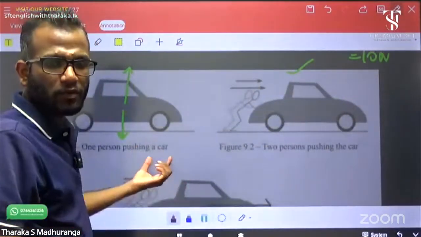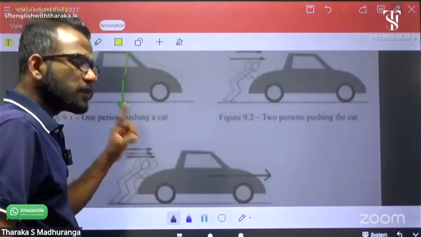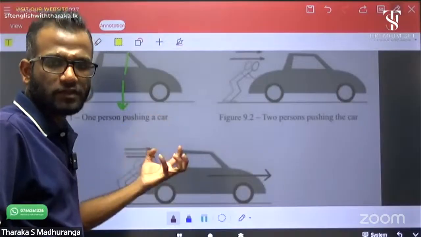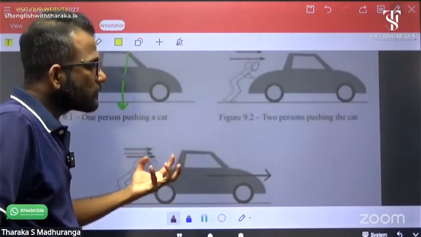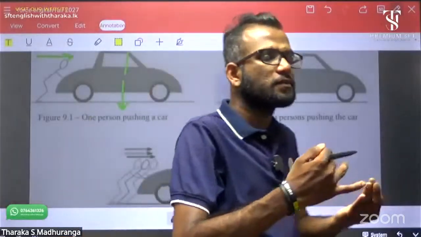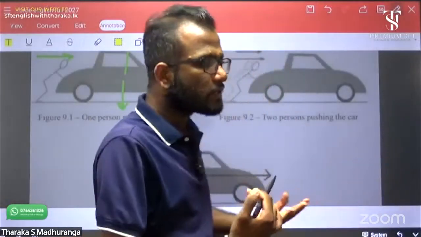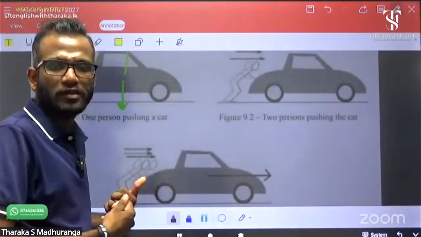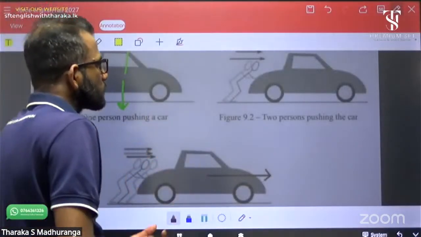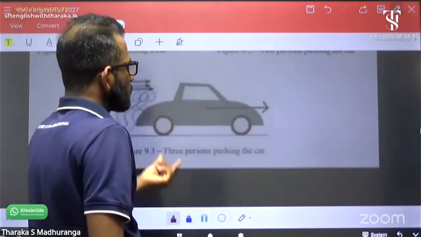That's the point I want to explain. A single force is not a force system. More than one force acting on the same object is the definition of a force system.